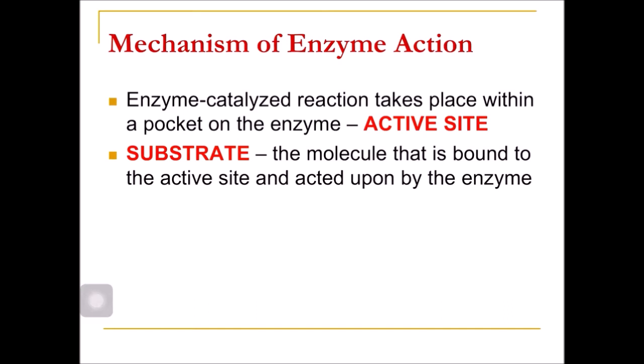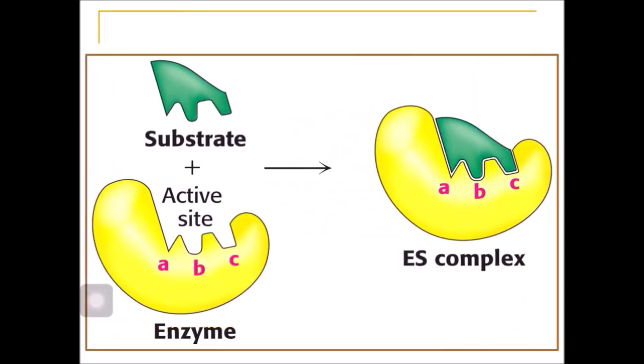Please realize that enzymes are the ones, I repeat, these are the ones that allow conversion of a substrate into a product sa mabilis na paraan. So nangyayari yon kasi ang enzyme ay merong special pocket called the active site that allows binding of the substrate or the reactant.